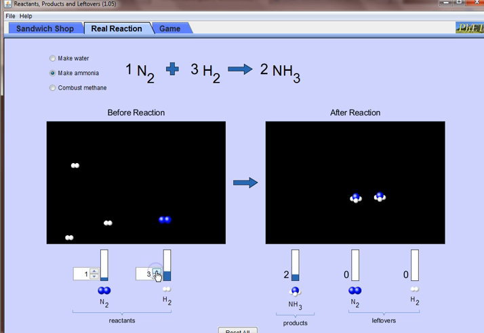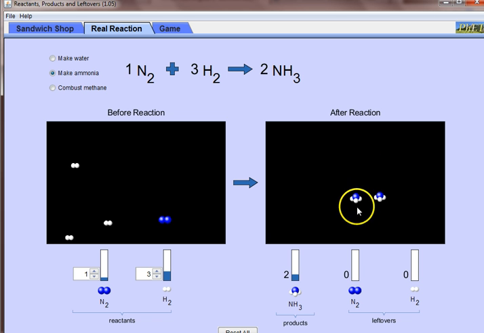These are the coefficients that we had. In the previous reaction we had exactly the same thing, correct? 1 nitrogen molecule and 3 hydrogen molecules give you 2 ammonia molecules. So we set up the same reaction now.